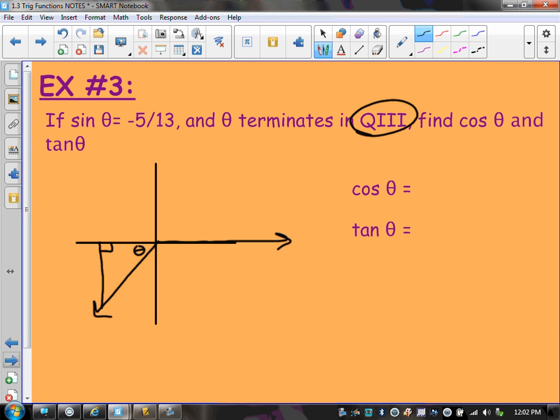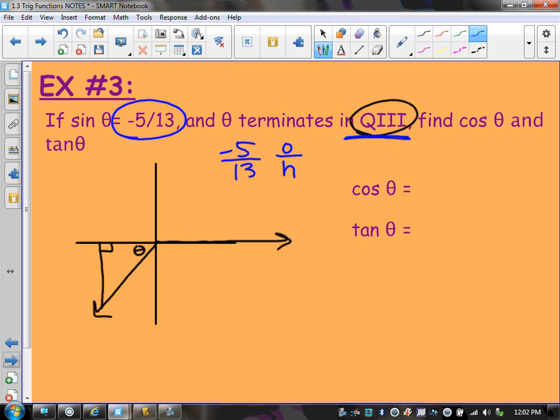So now that I have my right triangle, let's go ahead and label it with a little bit more information. It also tells me, the sides being in quadrant 3, that the sine of this angle is negative 5 over 13. If this is my sine, and sine is opposite over hypotenuse, then don't I know 2 of my sides?